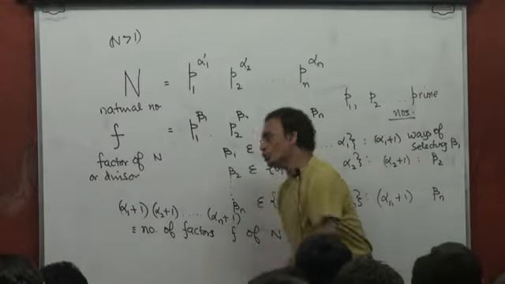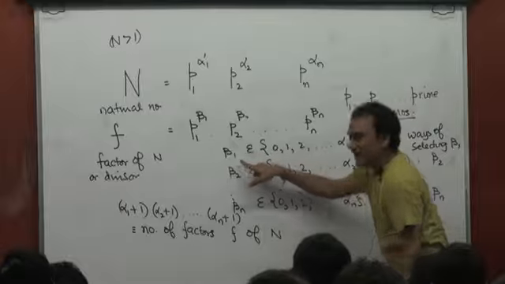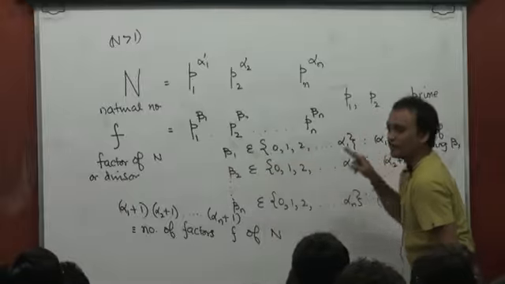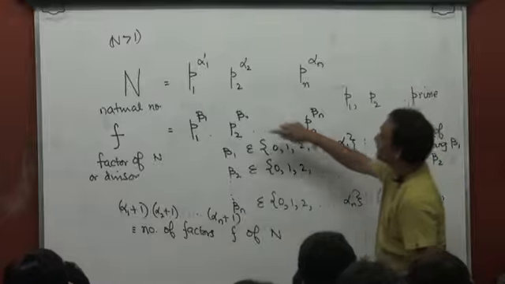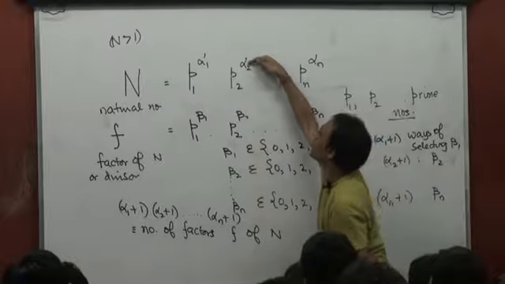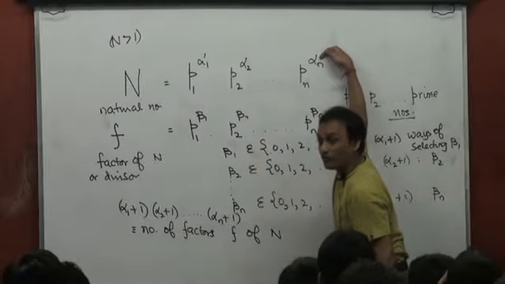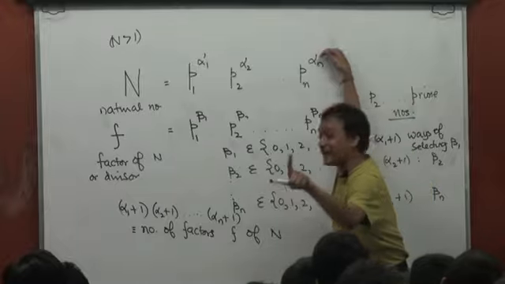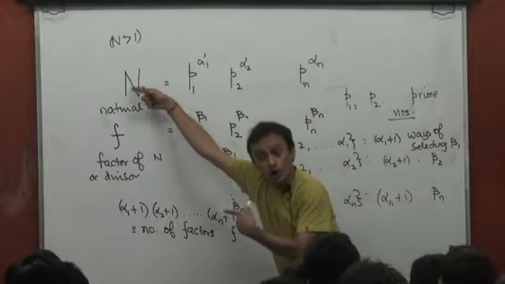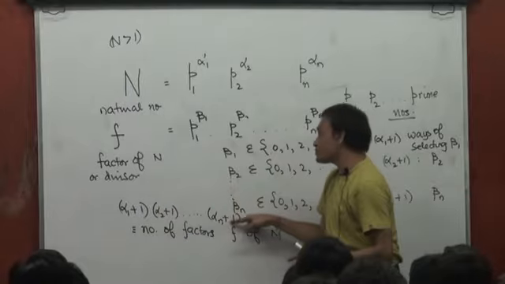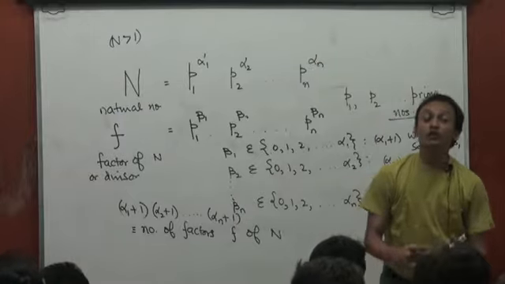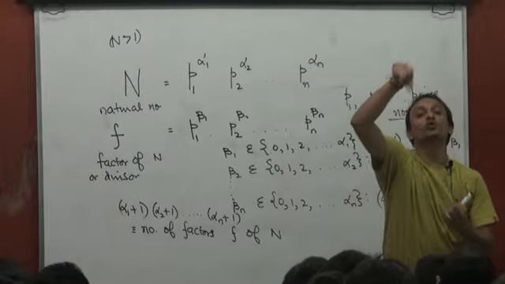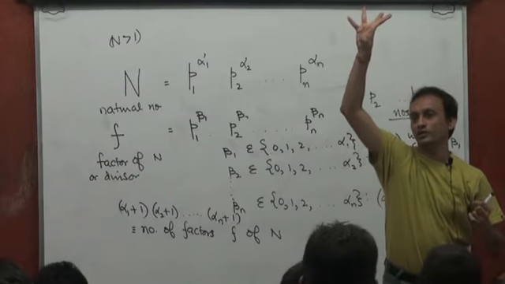It also includes the case where beta 1 is alpha 1, beta 2 is alpha 2, beta n is alpha n. That means it includes one case in which f is equal to n. So, this product represents the total number of factors f of n, which includes 1 and it includes n of the factors.